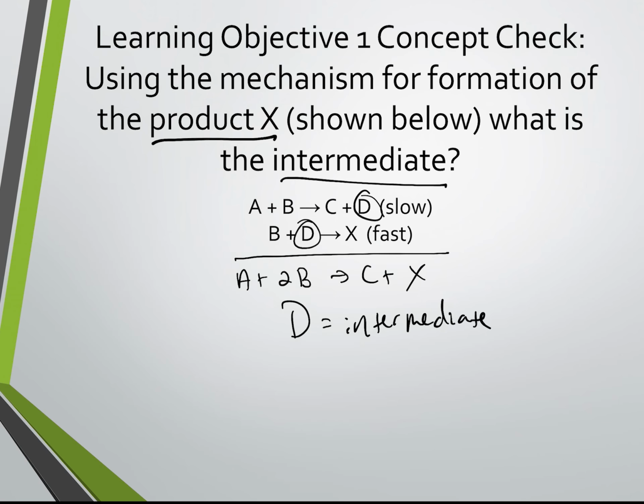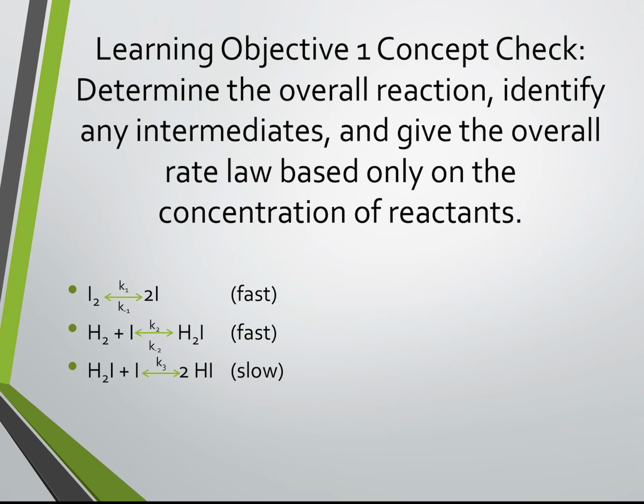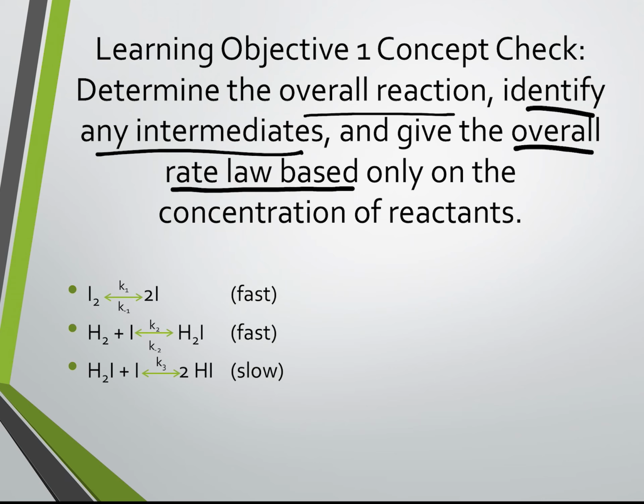Let's try another mechanism problem, as these give people a lot of trouble. We've got the following reaction mechanism. We want to determine the overall reaction, identify any intermediates, and we want the overall rate law based on only reactants.